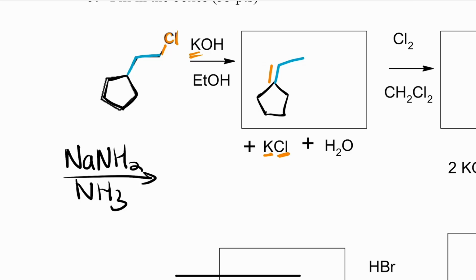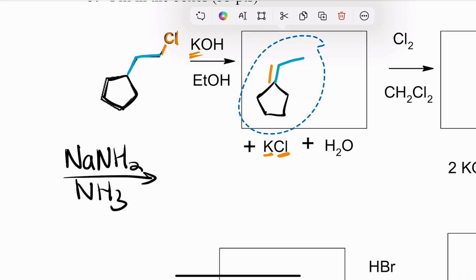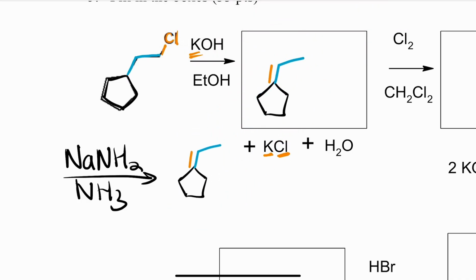It would move inwards because it doesn't stay terminal. The only way to get it to stay terminal is through this NaNH2 over the NH3. That would take this and remove the Cl and do that. I hope this makes sense.